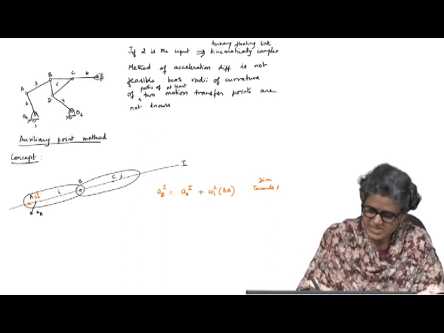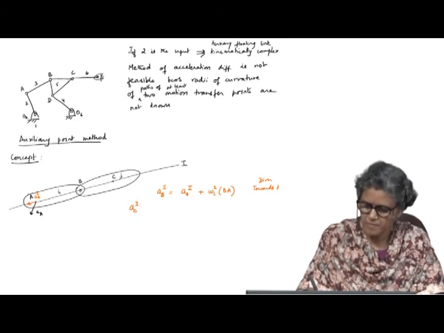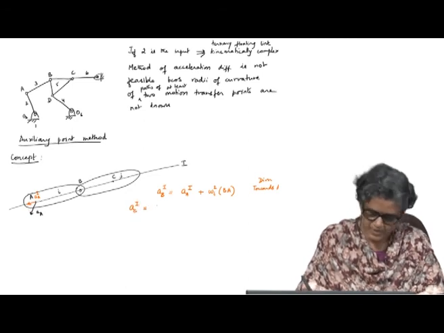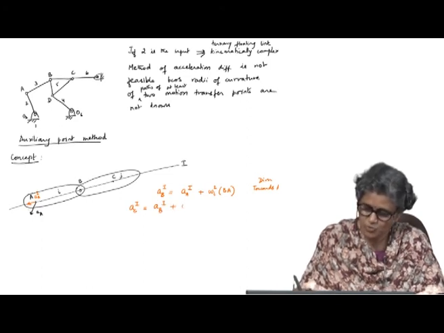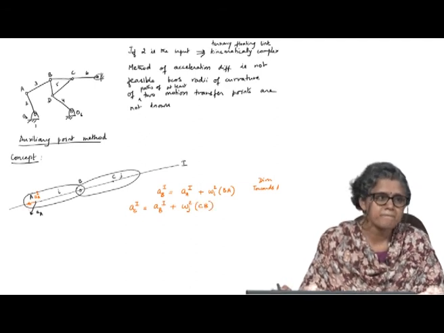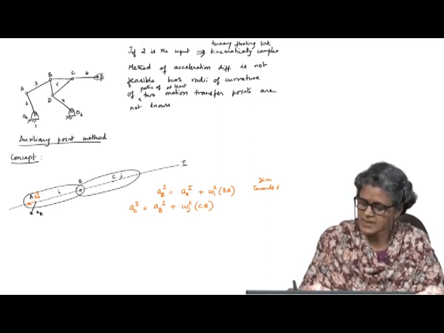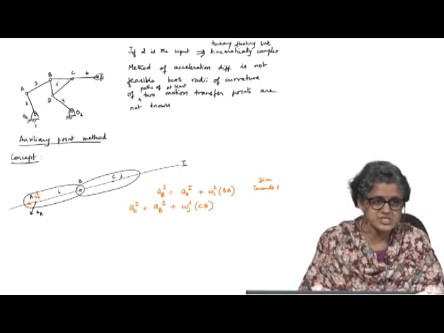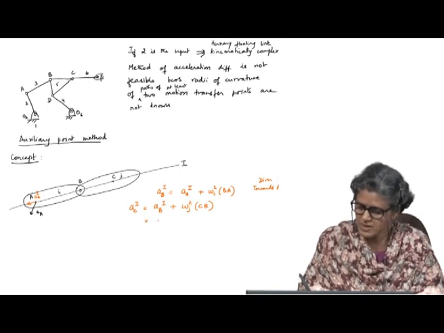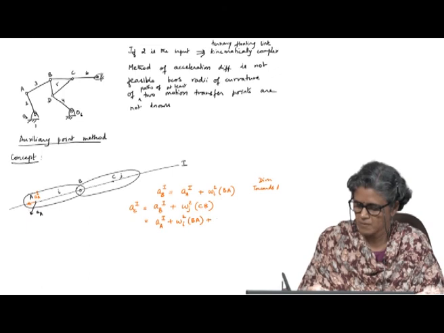Similarly, the acceleration of C will be acceleration of B plus omega j square CB. And then I can substitute for the acceleration of B. So, this will be acceleration of A plus omega square BA plus omega j square CB.